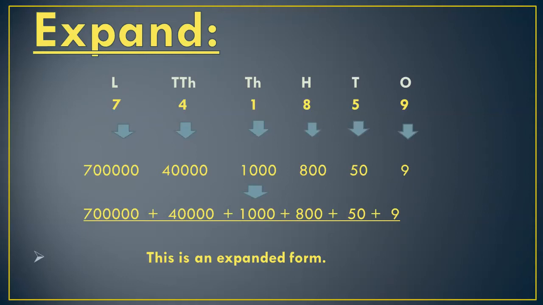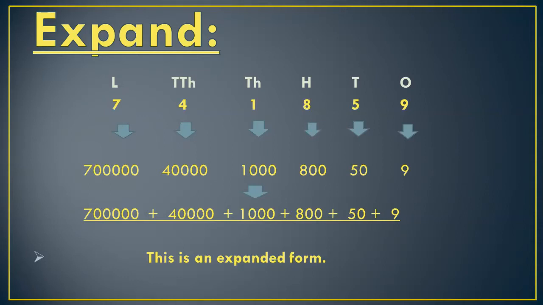What is the place value of 1? 1 is in the 1000 place. So the place value of 1 will be 1 into 1000. That is 1000. Now what is the place value of 8? 8 is in the 100 place. So the place value will be 8 into 100.